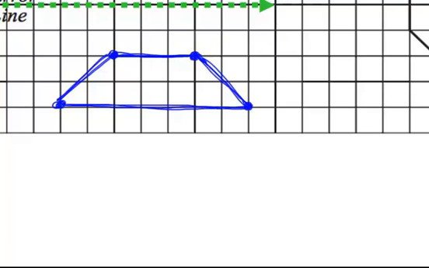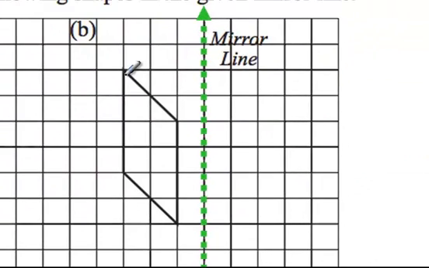Let's look at B. The mirror line is vertical, and we are starting out, original shape looks like this. It's a parallelogram. So we're going to reflect this parallelogram in the vertical mirror line in green. Okay, so we're going to take this point, it's 1 away, which means its reflected point is 1 away. This one here is 1 away, reflected point is 1 away.